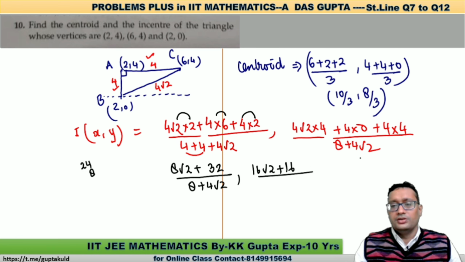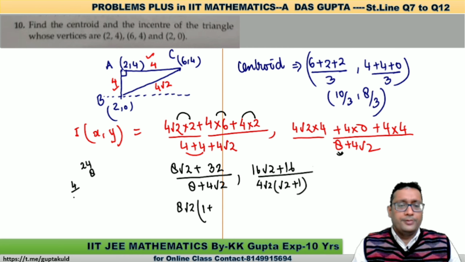If you take common 4√2, here becomes √2 and this becomes plus 1. Take common 8√2, no issue. If you take 8√2 common, here becomes 1, this becomes 4 upon √2. 4 upon √2 means 2√2.